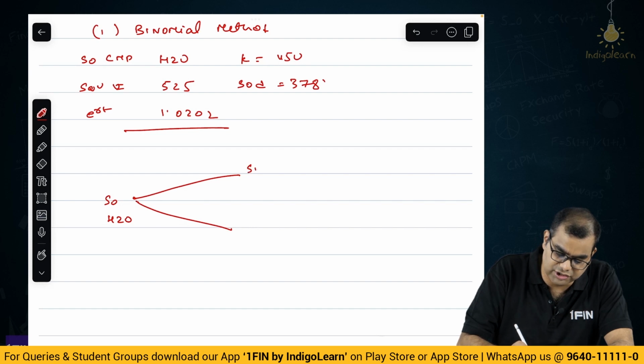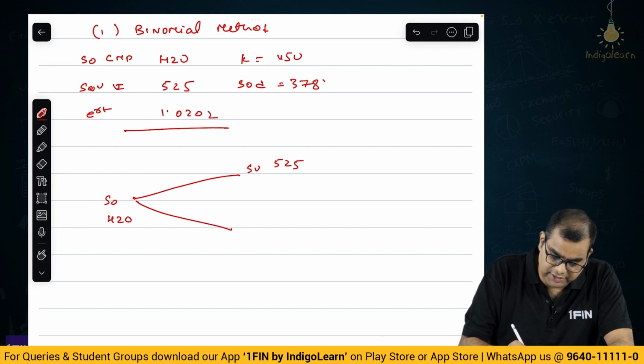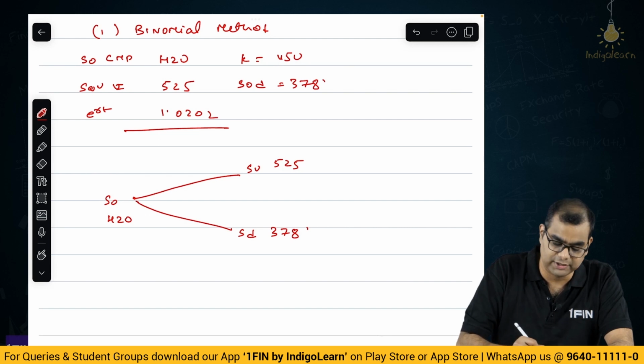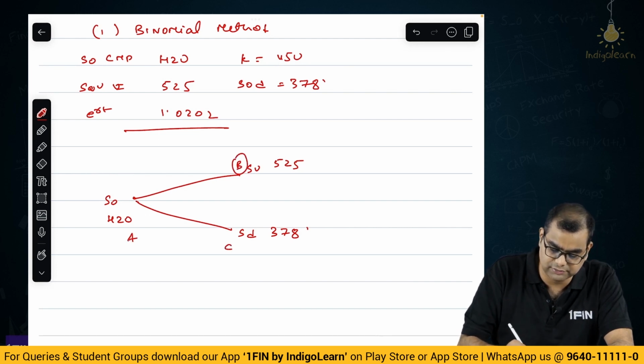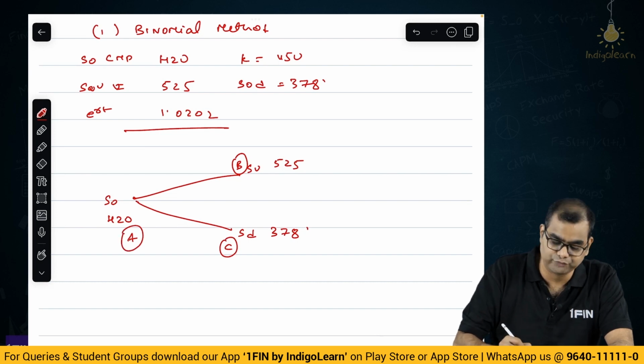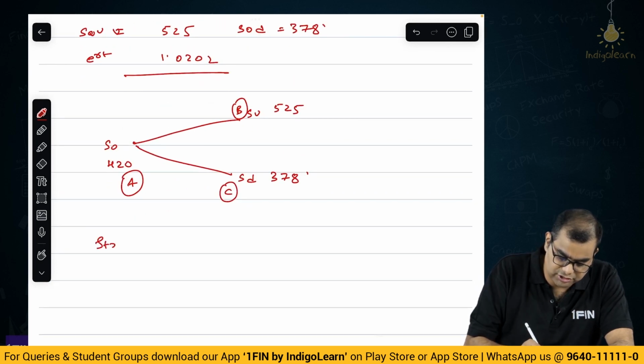SU is 525. SD is 378. This is node A, and let me call the other two node B and node C. The strike price is rupees 450.